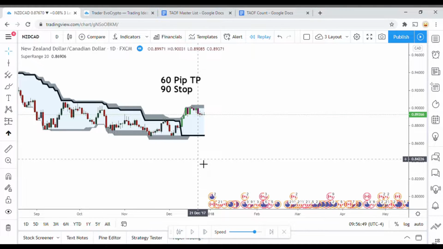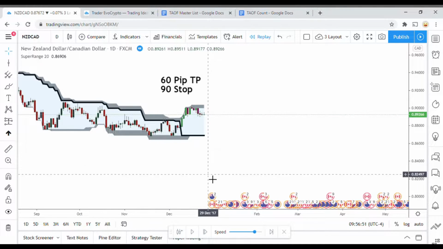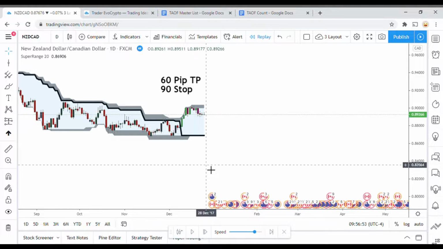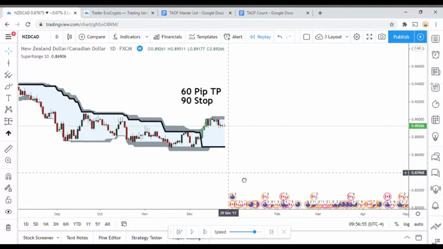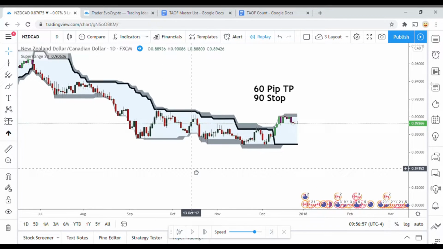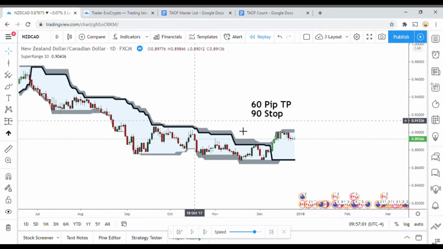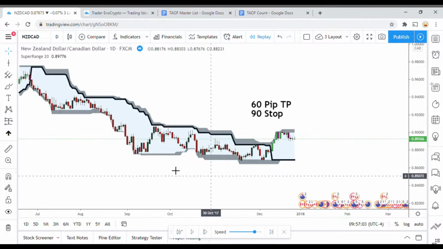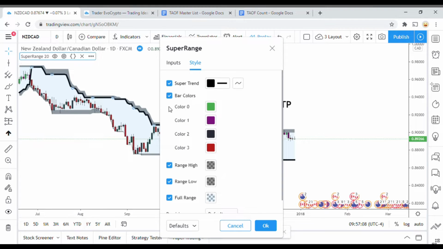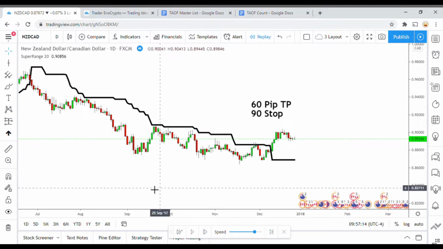Alright, as I said, today's indicator is the super range indicator. It's a relatively simple indicator. There's visually a lot going on here, so I am going to go in and turn some of this off.